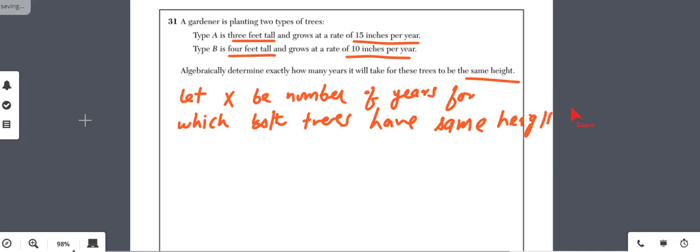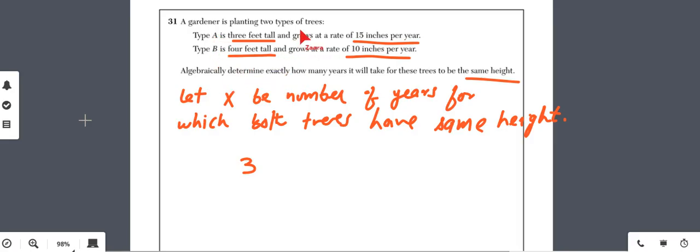Okay. Now, what is the height function for plant A? For type A, it is 3 feet tall. Now, you can see there is another problem. Some of the data is in feet and some is in inches.